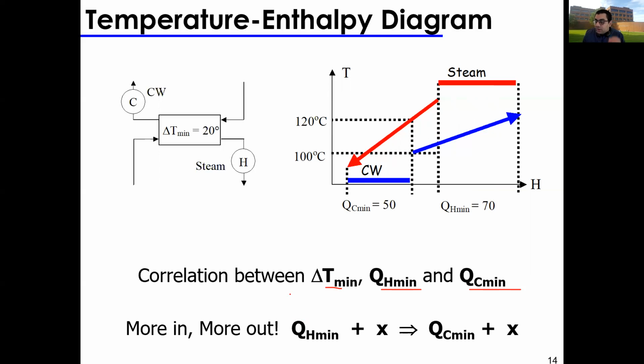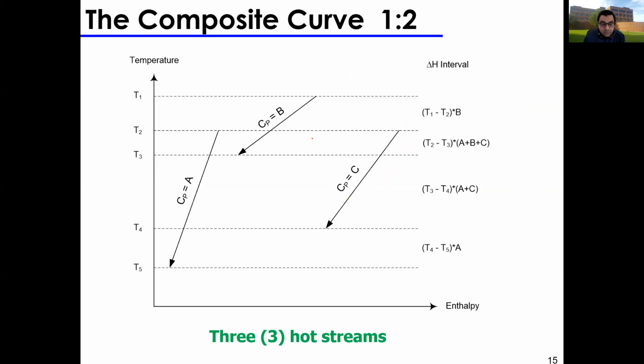So let's have a look at an example. In this case, I have 3 hot streams. So let's say you're given an example where you have 3 hot streams. The first step is always to plot your hot streams onto this table, right? So you usually have your table, which is what we had before.